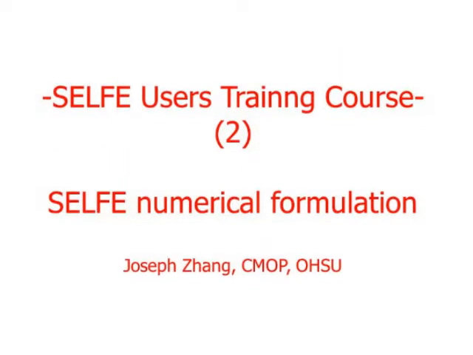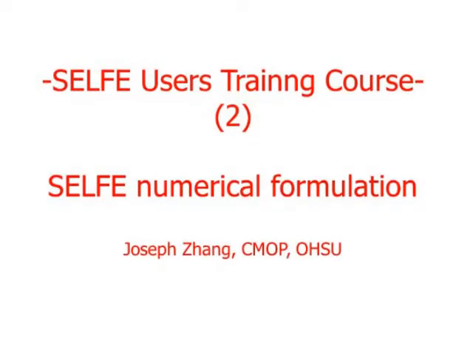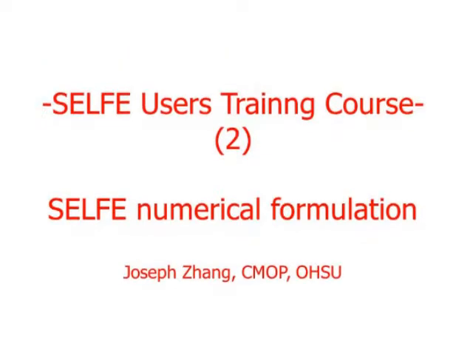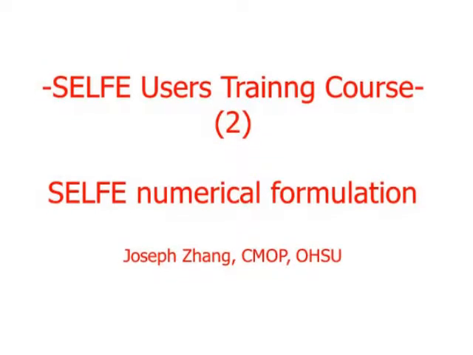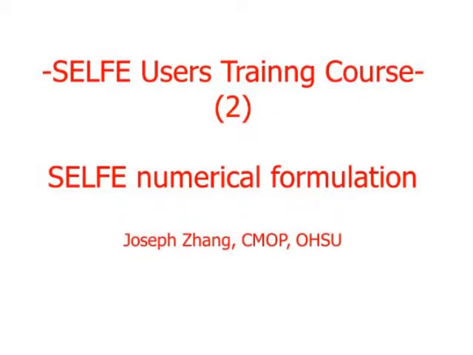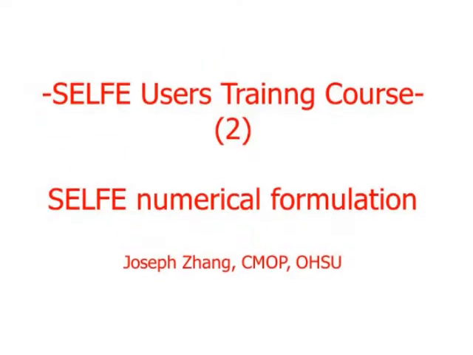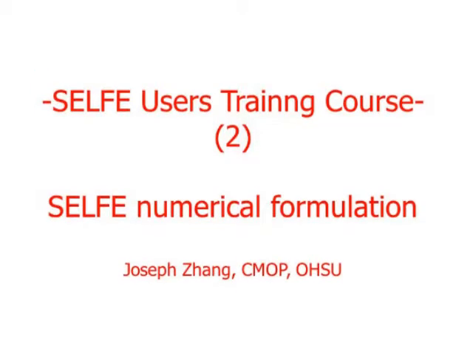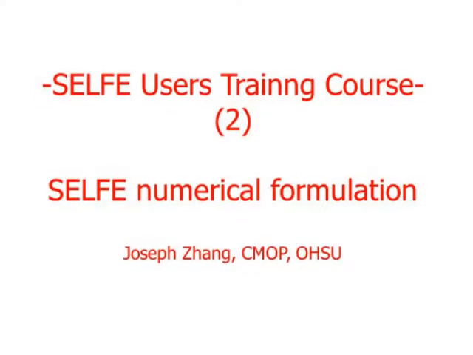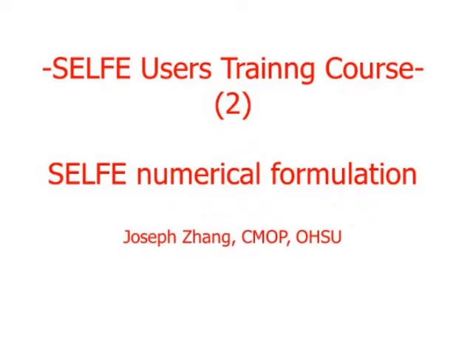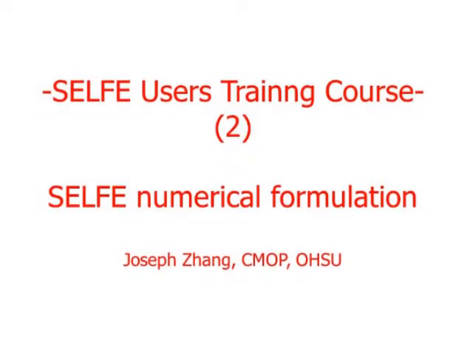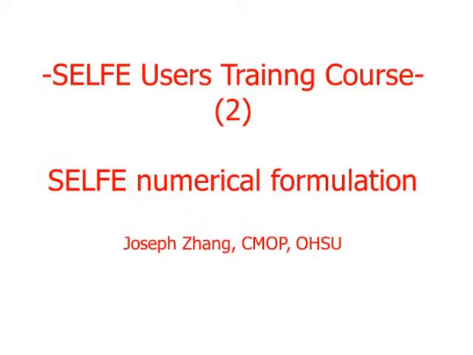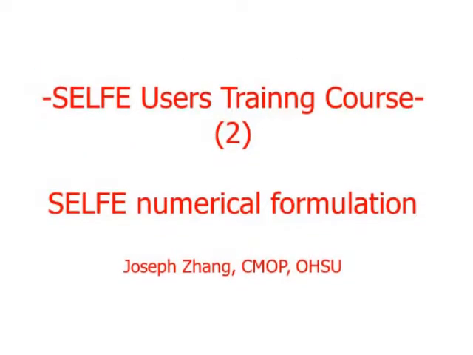If the truncation error goes to 0 as you refine the grid and the time step, then the method is called consistent. That means your discretized equation will approach the original PDE, the partial differential equation, but that does not guarantee that the numerical solution will also converge to the true analytical solution.